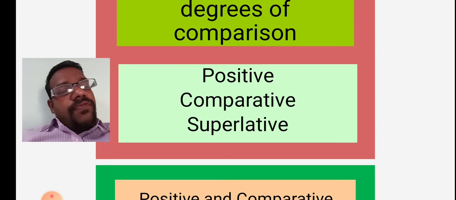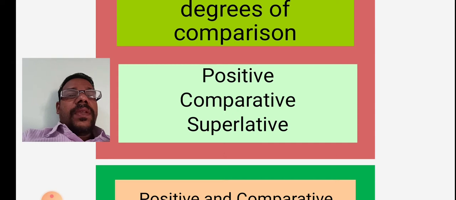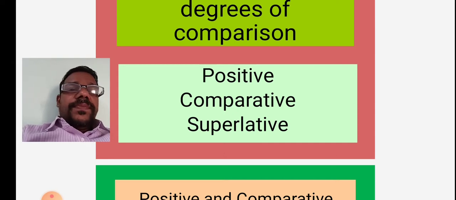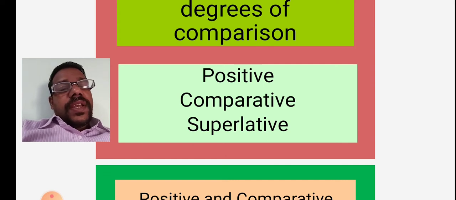In a simple manner, if we take an adjective, mainly, usually, these forms are used with adjectives.